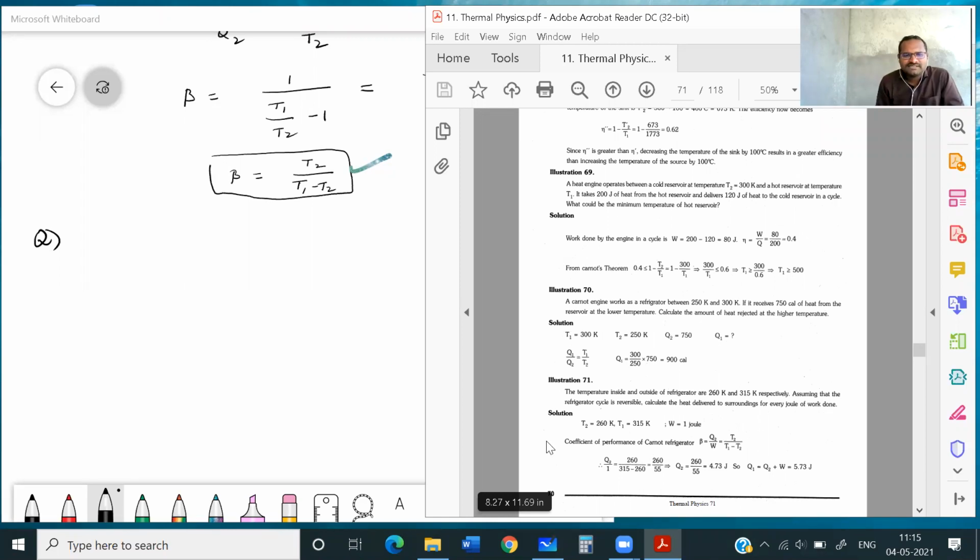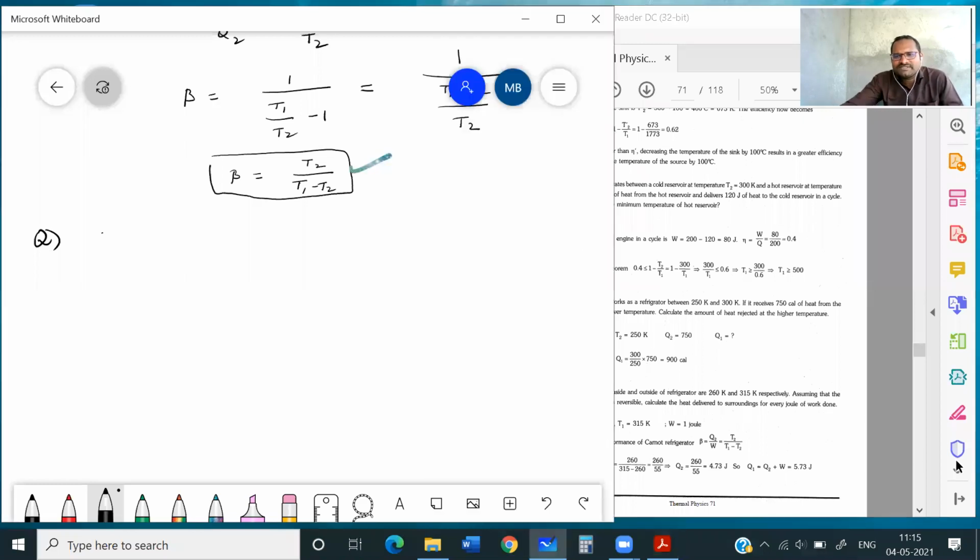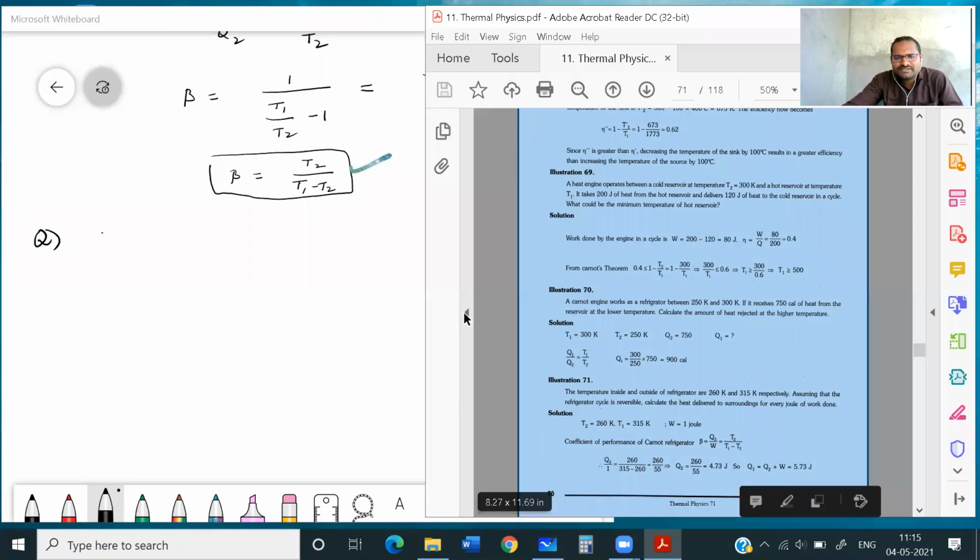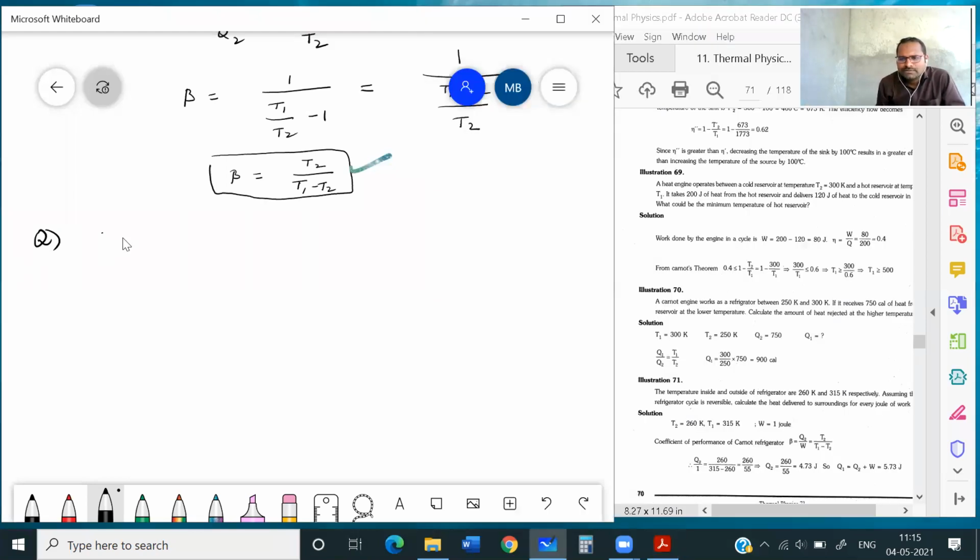The refrigerator is working at two different temperatures. One is 260 Kelvin, the temperature of the contents of the refrigerator, that is the T2 value. Another is the surrounding temperature, 315 Kelvin. These are the two temperatures given to us.